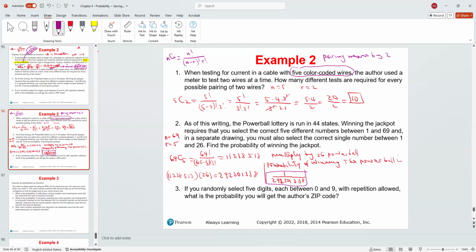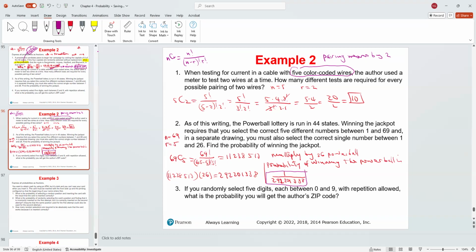But let's go with the next one, because there are so many different ways we can solve those types of problems. For number three, if you randomly select 5 digits, each digit 0 to 9 with repeats allowed, what is the probability that you will get the author's zip code?